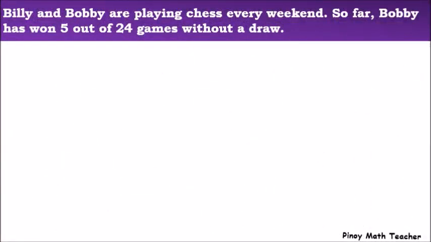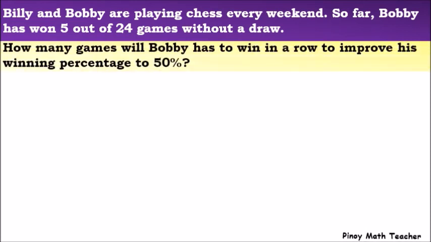Billy and Bobby are playing chess every weekend. So far, Bobby has won 5 out of 24 games without a draw. How many games will Bobby have to win in a row to improve his winning percentage to 50%? So, out of 24 games nila, 5 lang yung kanyang panalo at 19 yung talo.